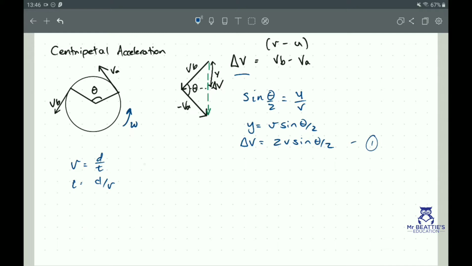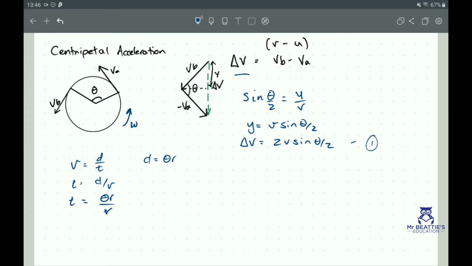So the distance travelled is going to be theta r, because that's how we calculate our arc length around the circle. And so substituting that in, t is going to be equal to theta r over v.